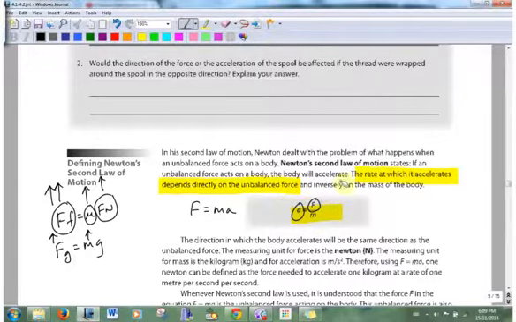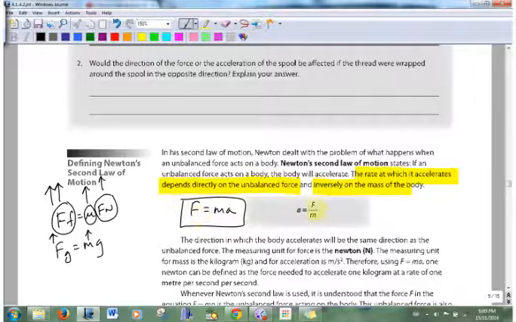Also, the acceleration is inversely proportional to the mass. Because mass is on the bottom of this equation, the larger the denominator, the smaller this will be. Mathematically, I hope we realize that happens. It's inversely proportional. That is what's on the back of our book.